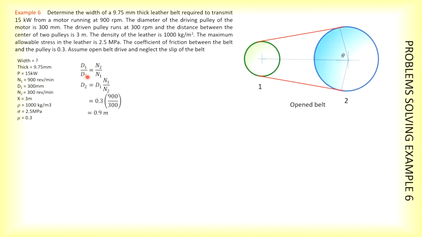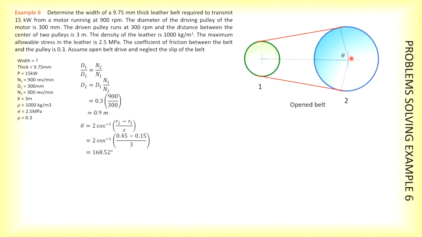Since the subject is d2, because we want to find d2, we have d1 multiplied by n1 over n2. So you have the diameter of the pulley. This one is 900 millimeter or 0.9 meter, where the size of the smaller pulley is 300.